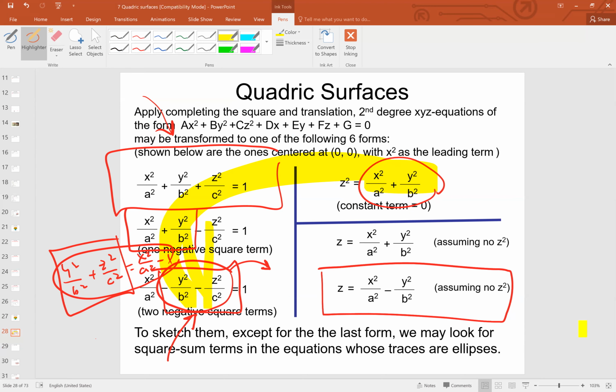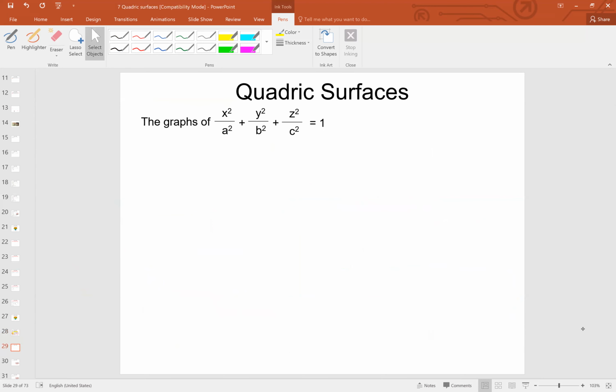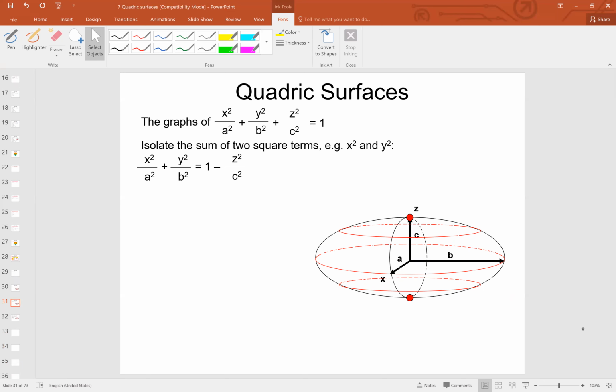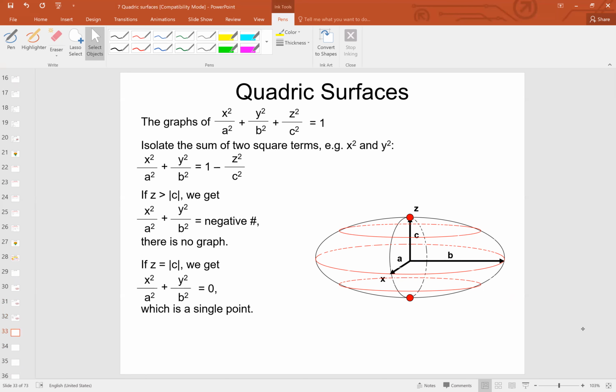So here are some examples. Here's a summary of those equations. Here is the ellipsoid. A is the x-axis radius. B, on the y squared, is the y radius, just like the case in xy.